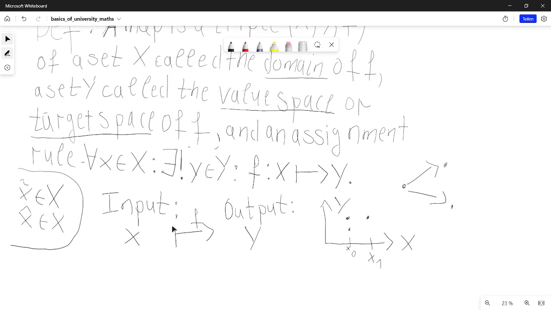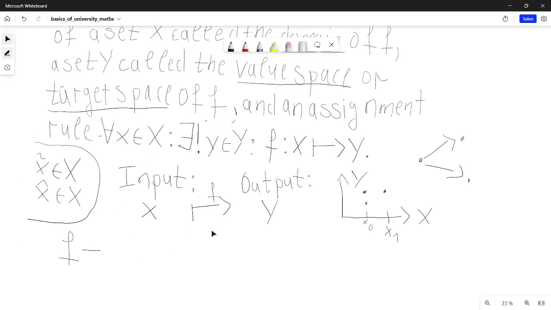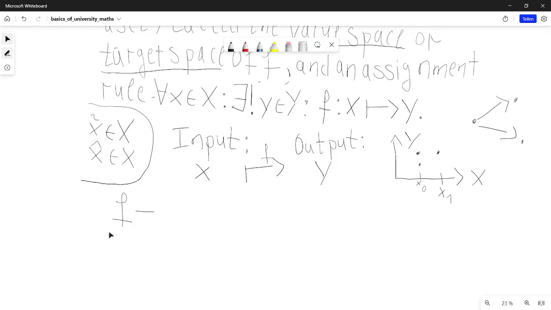Well, in truth, such an assignment rule is again just a set of special kind. f is indeed a subset of a Cartesian product.